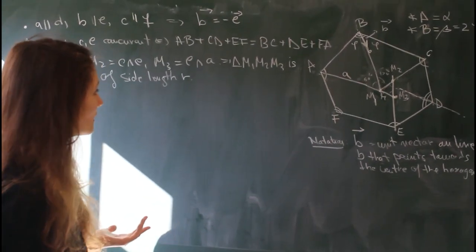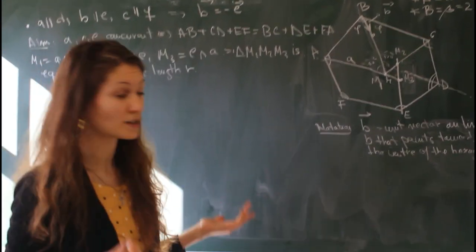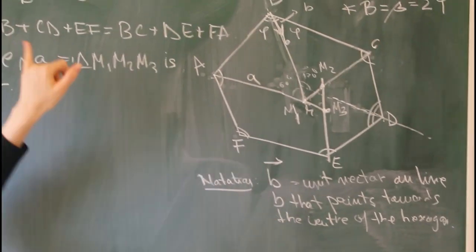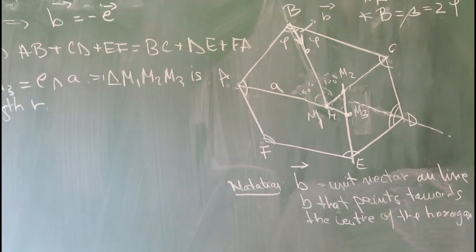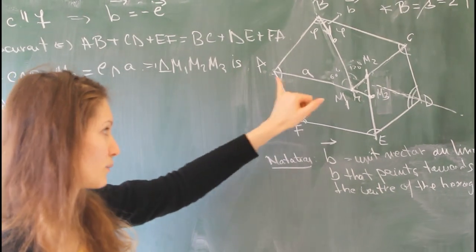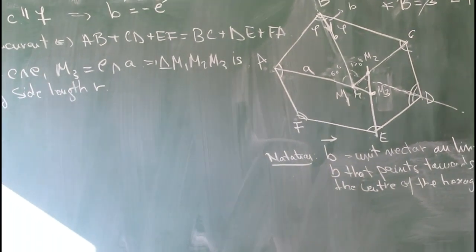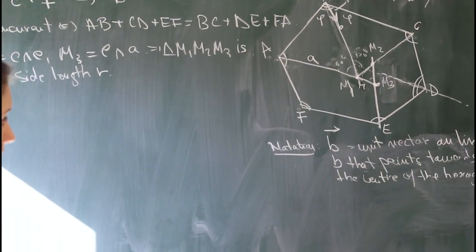So we want to prove that r is 0 if and only if this happens, because r equals 0 corresponds to the case when the three bisectors are concurrent.